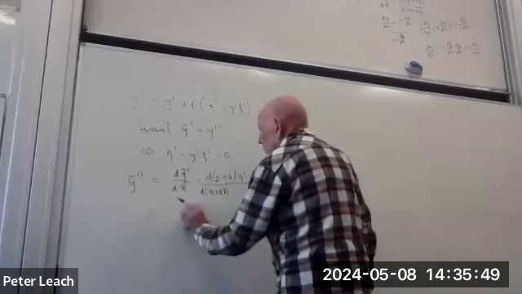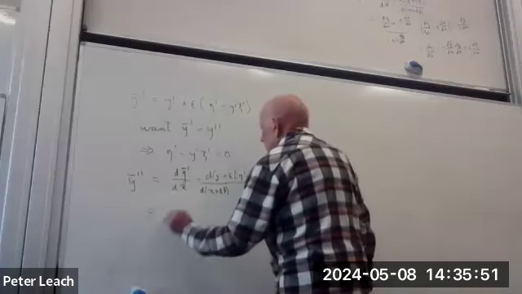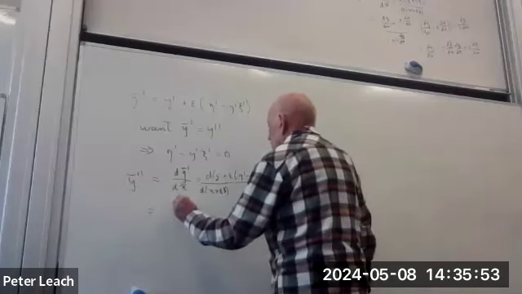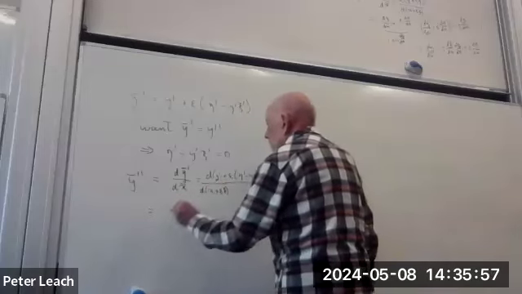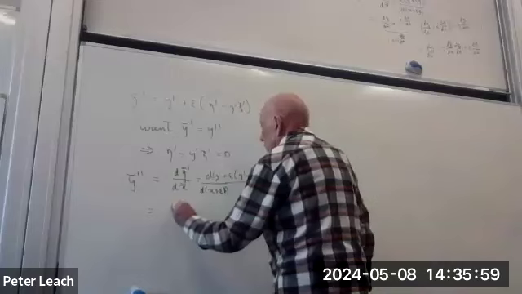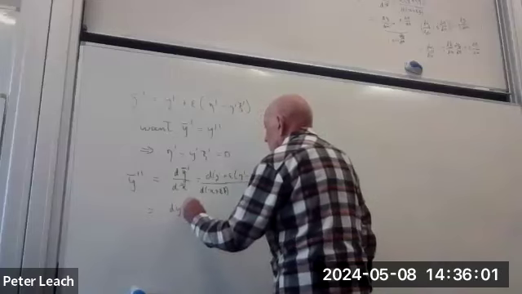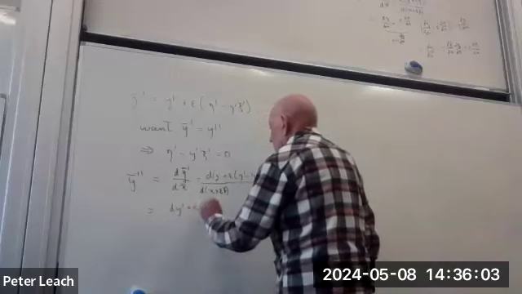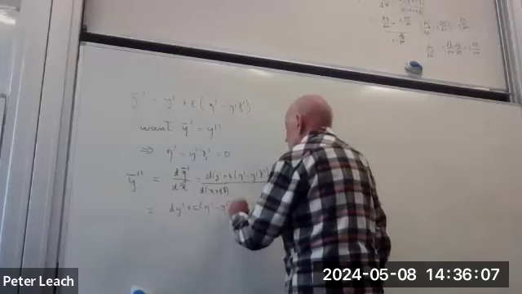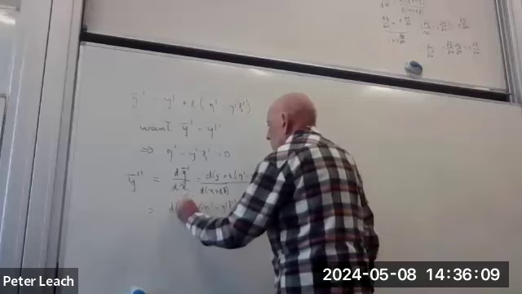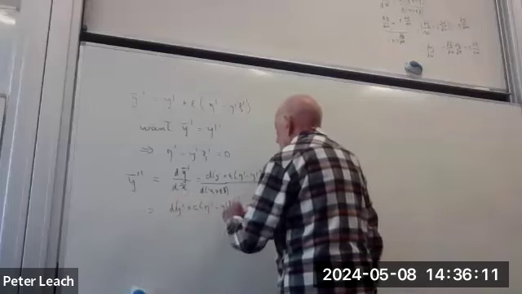So when you calculate a derivative, dy by dx is the limit as epsilon goes to 0 of y at x plus epsilon minus y of x over epsilon. And we're doing a similar thing here. Like we are calculating y bar prime minus y prime over epsilon.